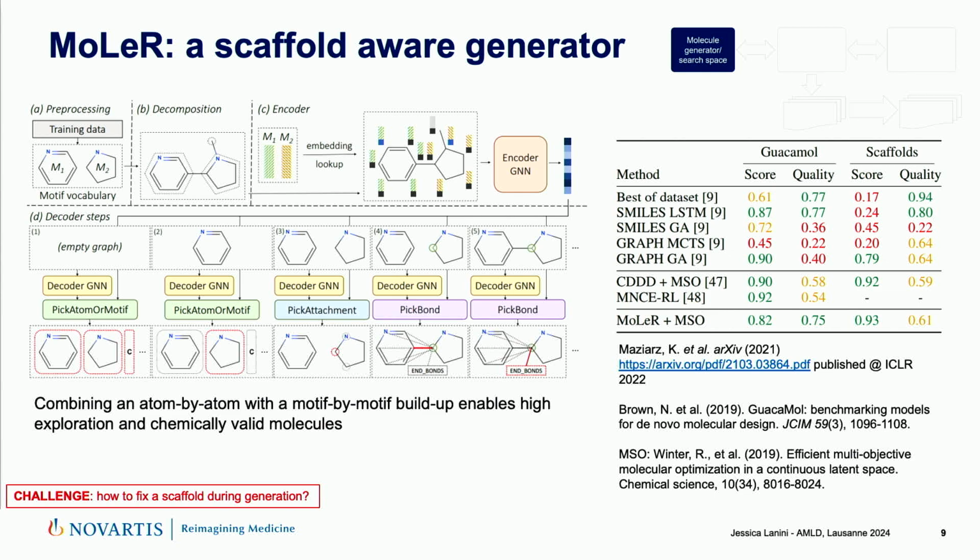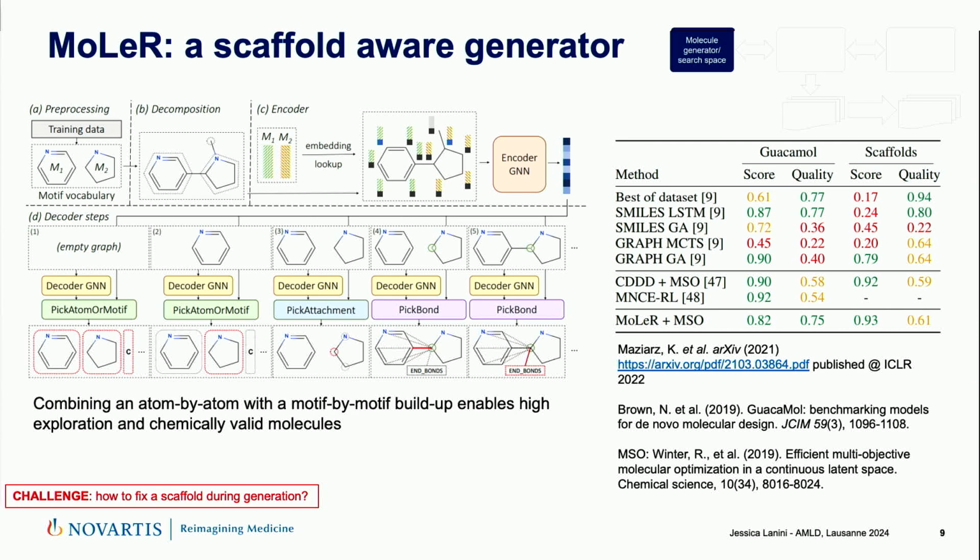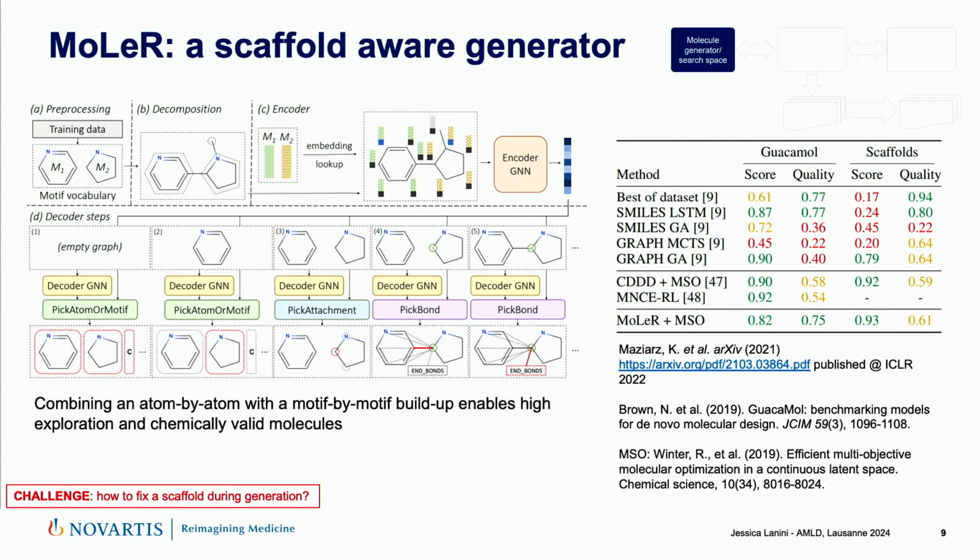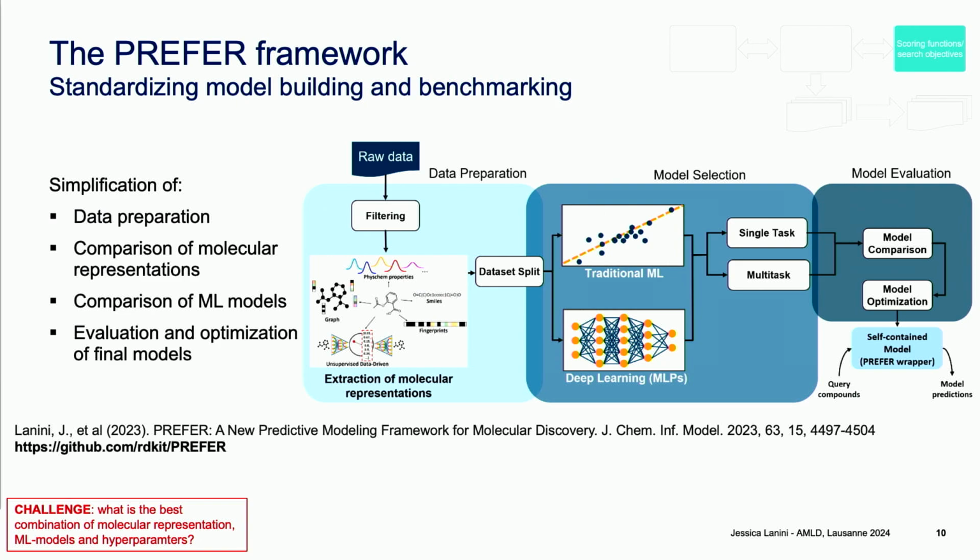We can construct a dictionary of motifs, and from this we can compute the probability distribution of having a specific motif during the reconstruction. And we can even impose to have the motif that we want at the end. As you can see, comparing with other generators, with the GuacaMol benchmark, which is a benchmarking tool for generative models, the MoLeR model works quite well in terms of different characteristics.